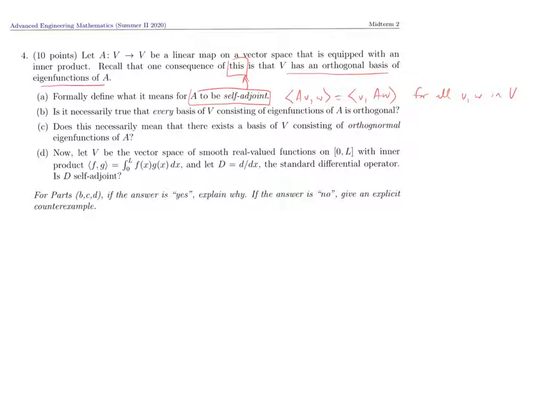Because you have to explain why your answer is yes, it should be clear from your explanation what your assumption is, and I will grade accordingly. If your answer is no, give an explicit counterexample, and if your counterexample is consistent with that assumption, you will get full credit.